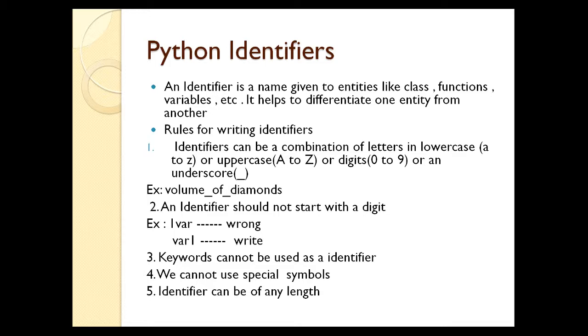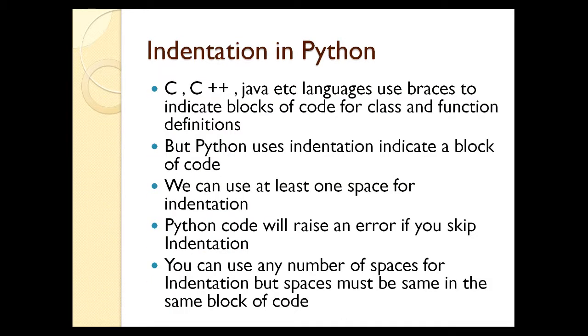There are no restrictions. Indentation in Python. Indentation means the space or tab given to declare a block of code. In C, C++, Java, those languages use braces to indicate blocks of code for class and function definitions.